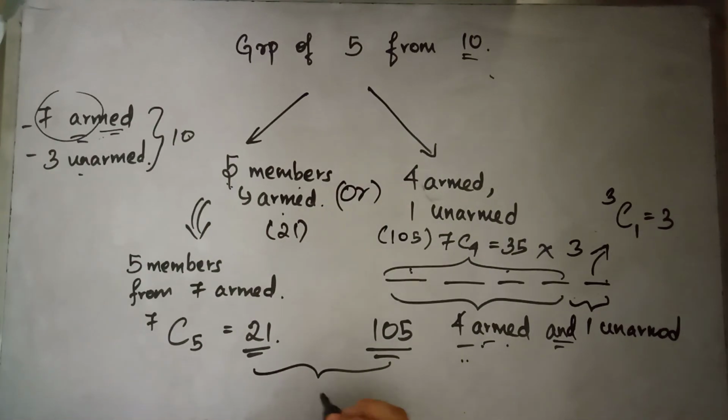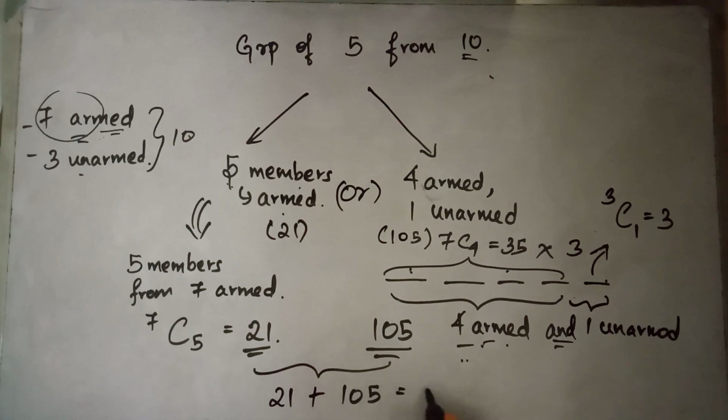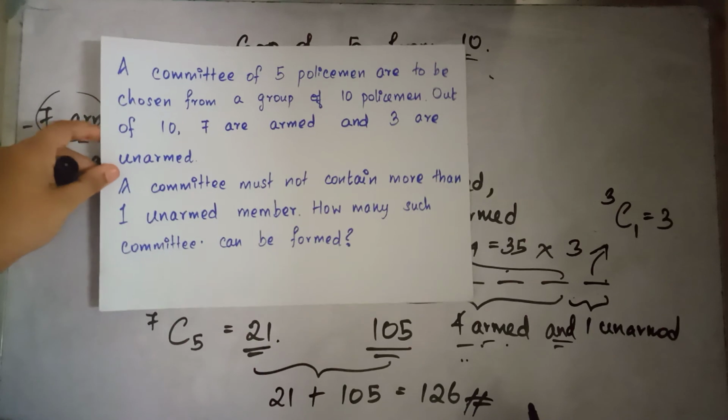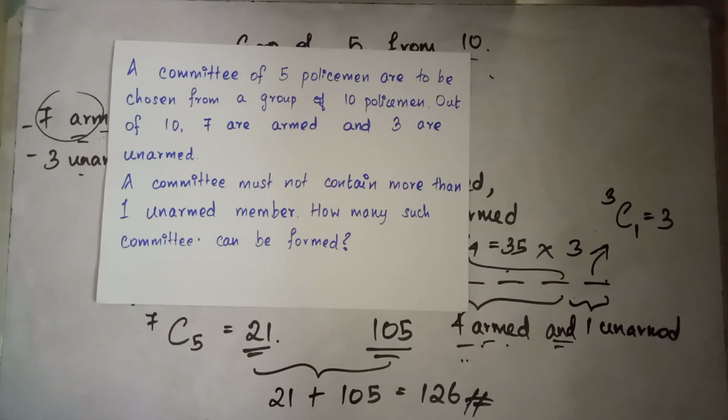Or will always be addition. So I'll have 21 plus 105 and this will give me 126. So there are 126 different possibilities of committee that can be formed from 10 policemen.